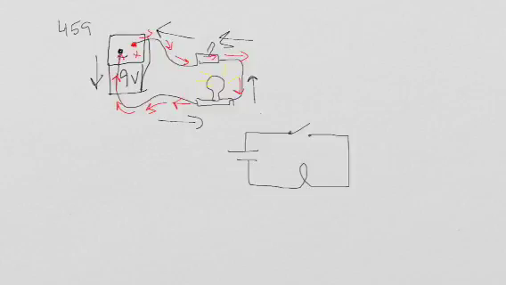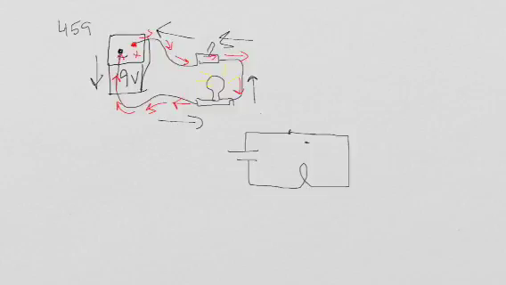Now, if we look at this circuit and the light is on, there's a few things going on here. And we're actually going to play around with this when we set up our circuit. There we go, that's touching. So right now this circuit is on.